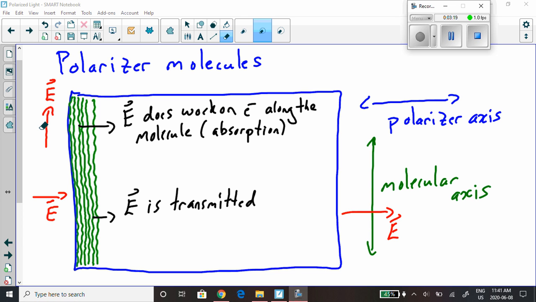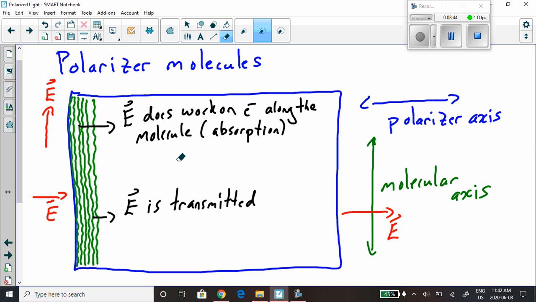Electric field with this light doesn't exist on the other side of the polarizer. Light with this electric field does get through; light with that electric field does not. So what do we establish here? We establish this direction right here, which is the molecular axis. This polarizer material is made of molecules that are aligned up and down.